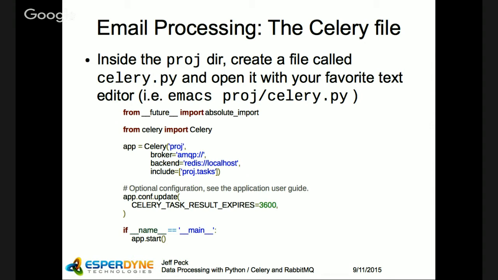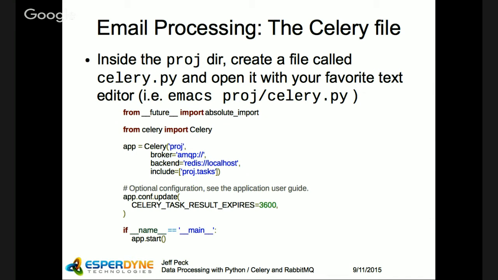That basically means RabbitMQ, that is the protocol for RabbitMQ. Then the backend is Redis, and that we specify. We pointed at localhost. I think if you left localhost out, it would still work, but it's good to leave it in. And finally, we include the tasks file, which I'll show you next.